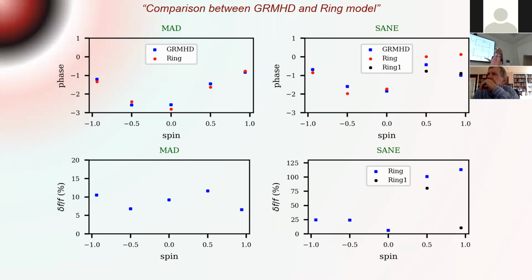The agreement is not very good, unless you consider, for example, a black hole spin of 0, where you get almost 0 change. And here on the bottom, delta F refers to, for example, the GeoMSG simulation phase minus the ring, divided by the GeoMSG simulation, times 100. So you see that for MAD you have almost an order of 10% disagreement, which is quite remarkable, while for SANE you start from 25%.